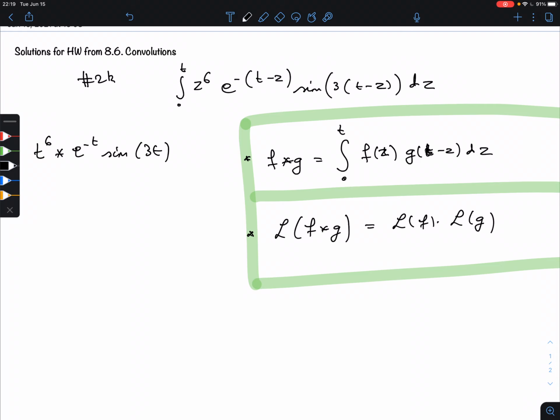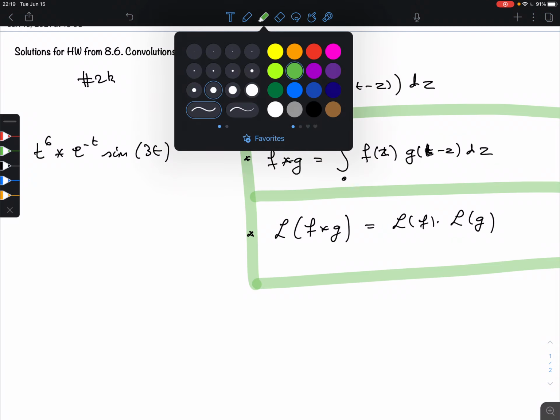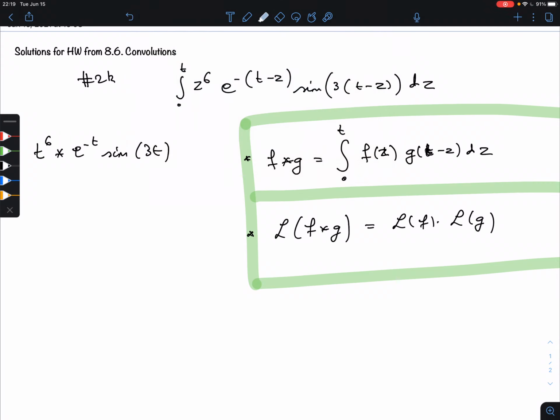I repeat, this t minus z becomes the t, that becomes t. That is how you go backwards from the integral to the convolution product. Okay, so this is equal to that.